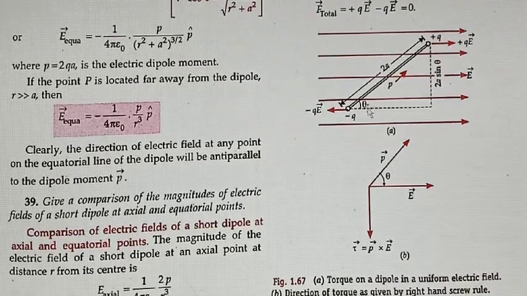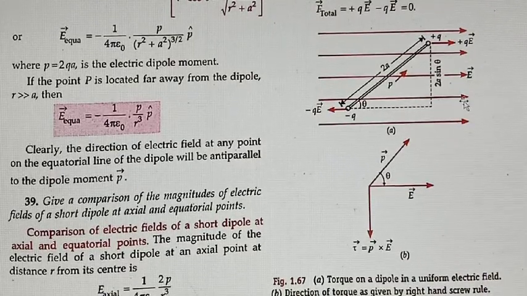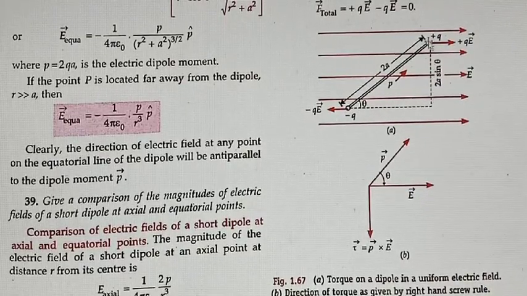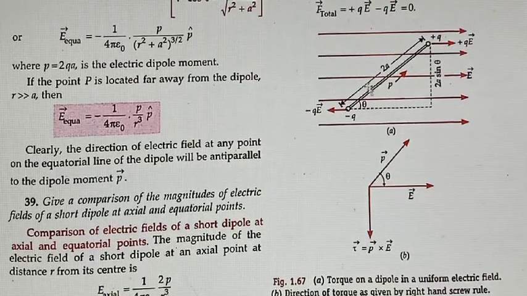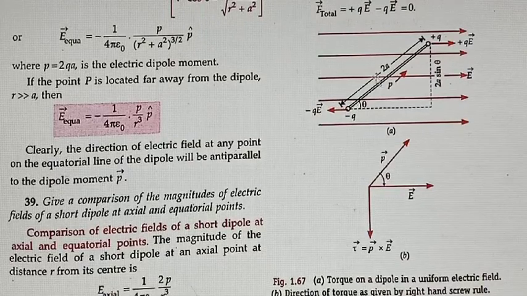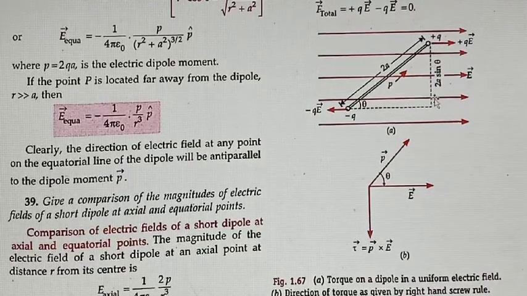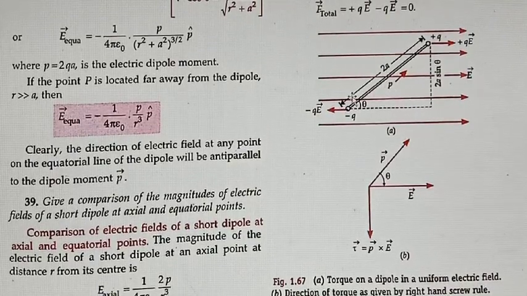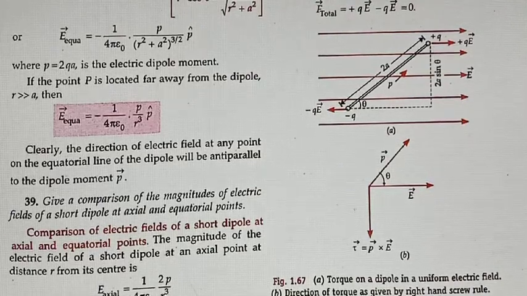This theta is the angle made by the dipole with the direction of electric field. So if you find sine theta here, sine theta is equal to P by H. Here P is this, H means twice a. So sine theta is equal to P by H. That will give you this length is equal to twice a sine theta.